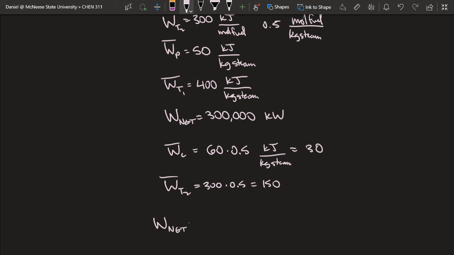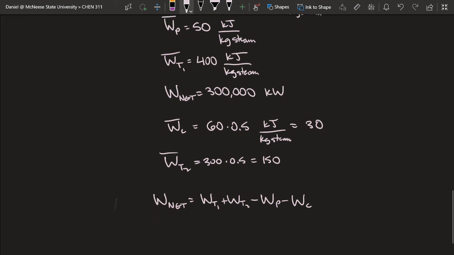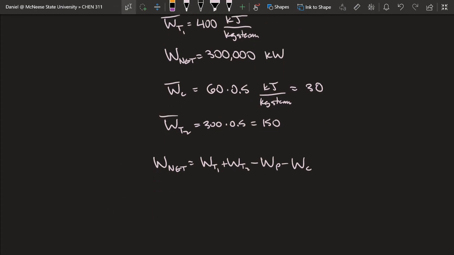The work net equals the work of turbine 1 plus turbine 2 minus the work of the pump minus the work of the compressor. Okay, that's how that would end up.